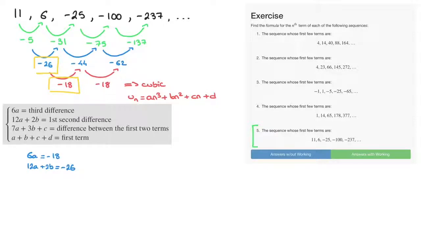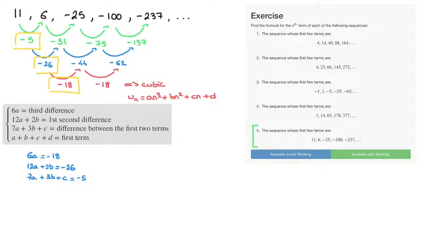The third equation is 7a plus 3b plus c equals the difference between the first two terms. Well, the difference between the first two terms here is negative 5. So our third equation is 7a plus 3b plus c equals negative 5.